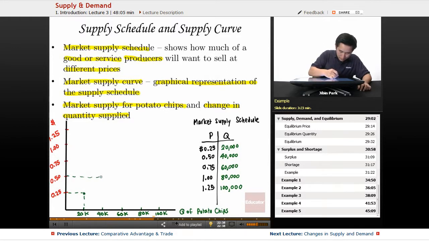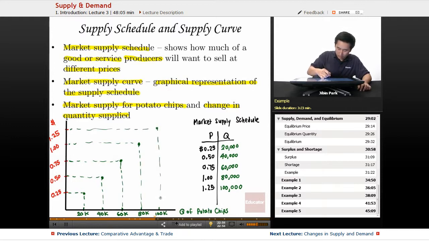At 50 cents, 40,000 is produced. At 75 cents, more profit potential, so 60,000 bags are produced. At $1, more people jump in, and 80,000. And at $1.25, you have 100,000 here. So what you do is you just connect the dots here and label this as S1.